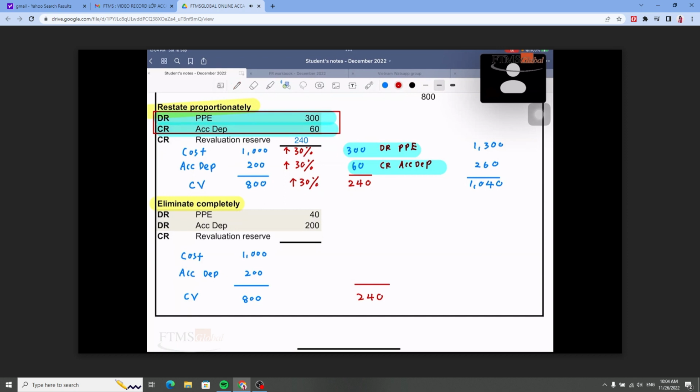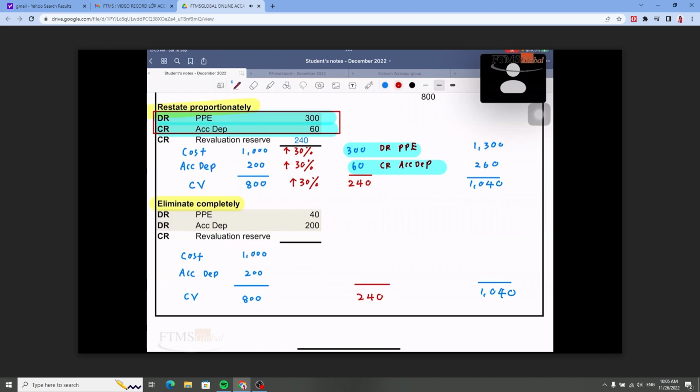Okay, then of course, the same thing, I will get back 1,040. Now, remember the name of this method is eliminating accumulated depreciation completely.